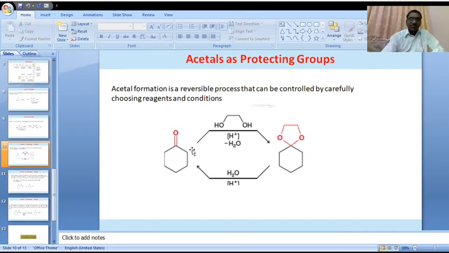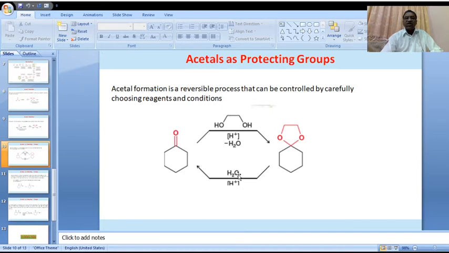Here, this ketone functional group compound reacts with a diol in the presence of acid. Here, loss of a water molecule forms an acetal compound. In the backward reaction, the same water molecule is used.